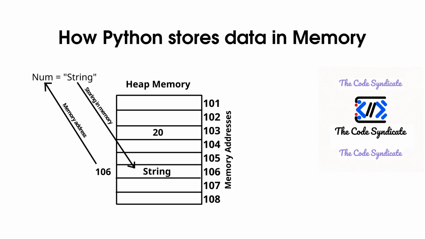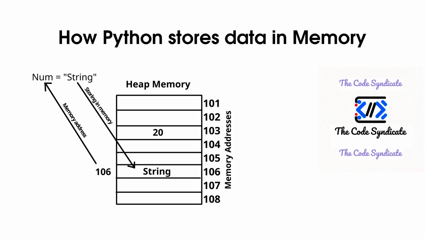address. When we change the value of this variable num, let's say to a string or to any other data type or any value, what happens behind the scenes is Python now stores this data, a string in our case, in a new memory block with a different memory address and assigns this address to our num variable.